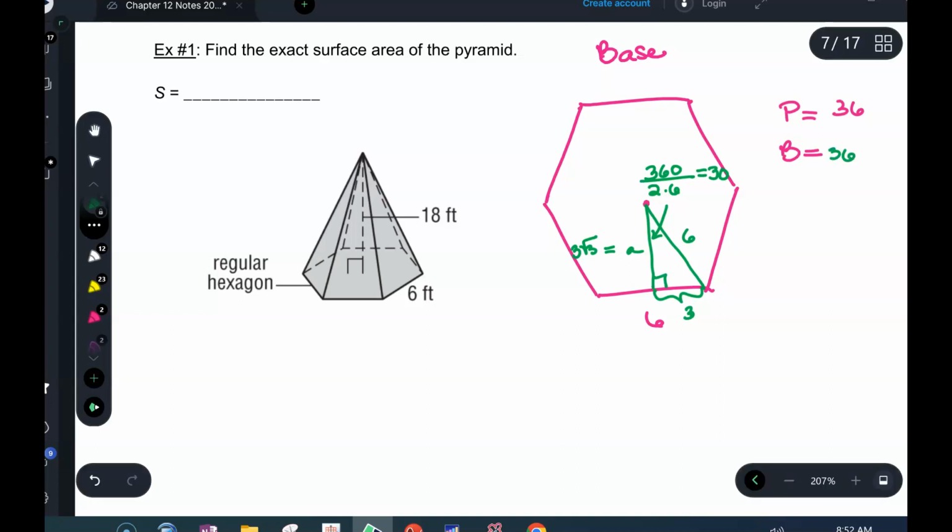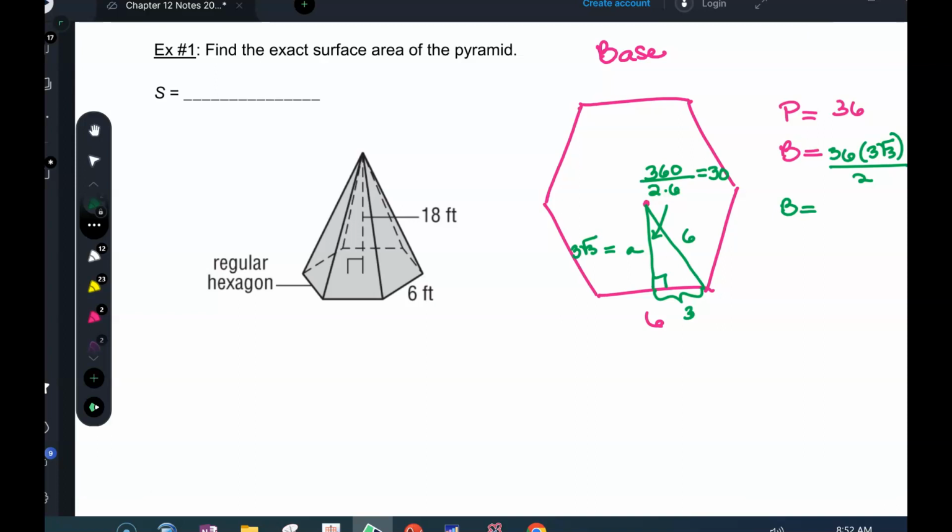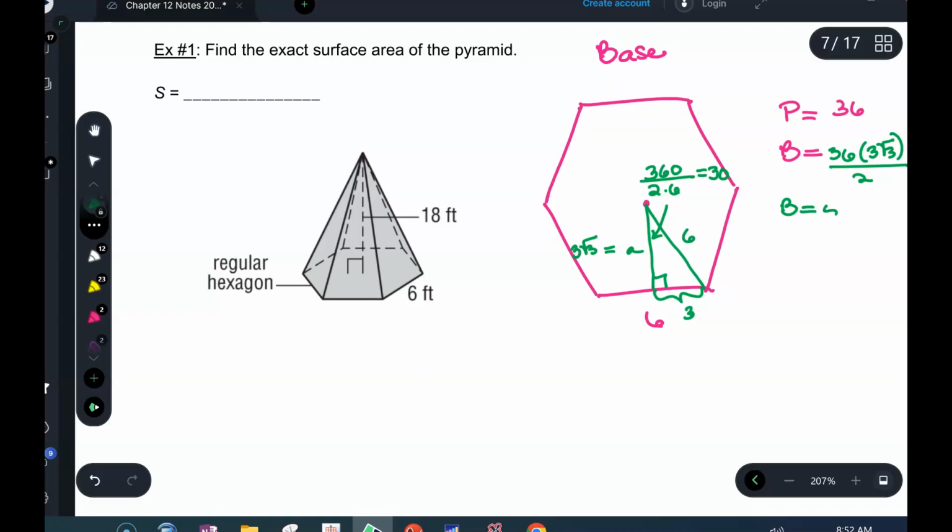So 36 times the apothem 3 root 3, divided by 2. Is that the area of the base? Yes, capital B stands for the area of the base. If we want exact, don't do the root 3, just do 108 root 3 divided by 2, which is 54 root 3.